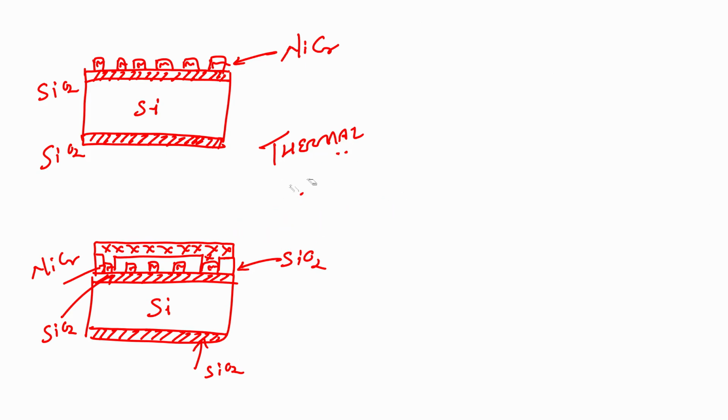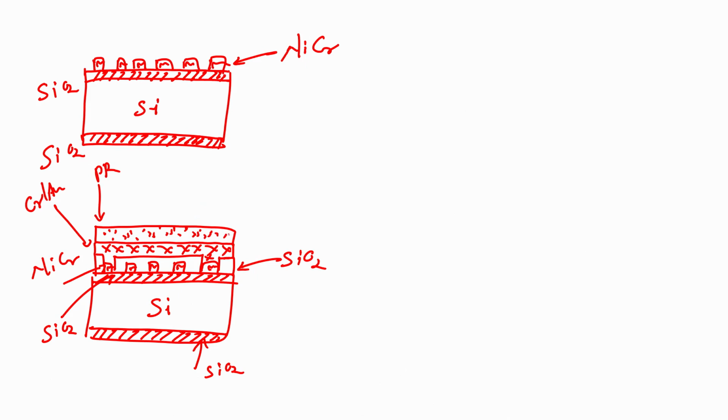Now, you know what we need to do for photolithography. We have to deposit. So, this is my metal, of course chrome gold, and here is my photoresist, positive. After photoresist spin coating, we have to soft bake.